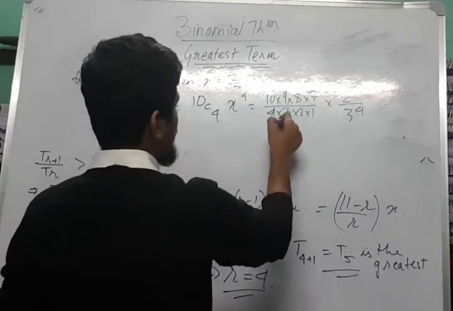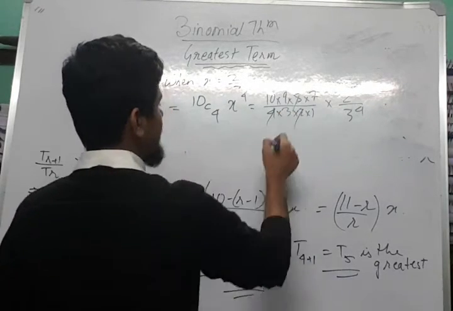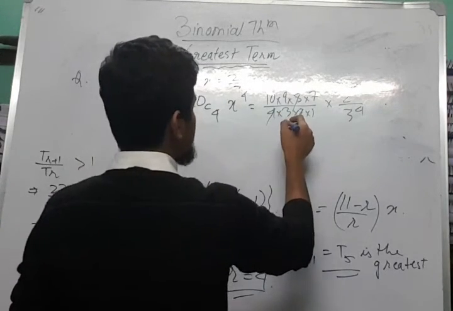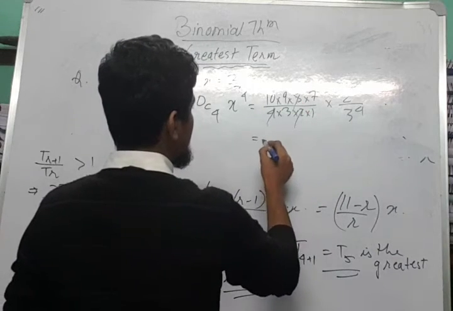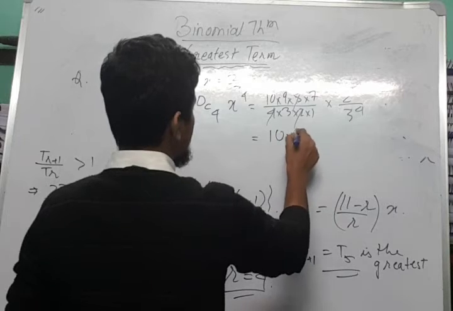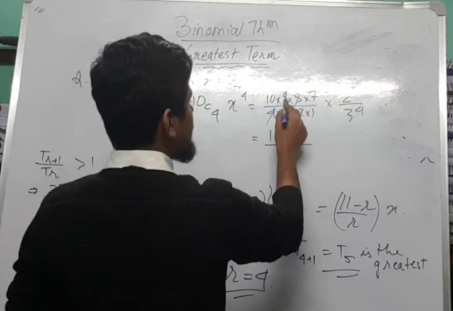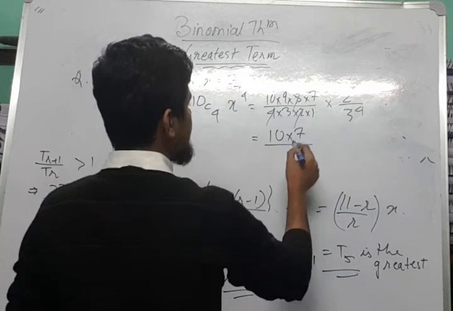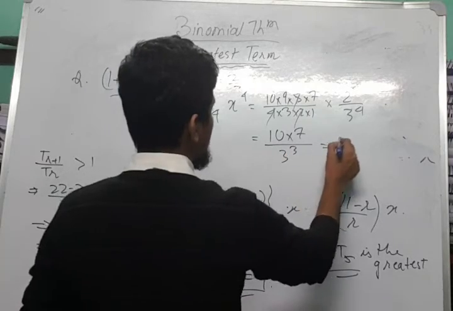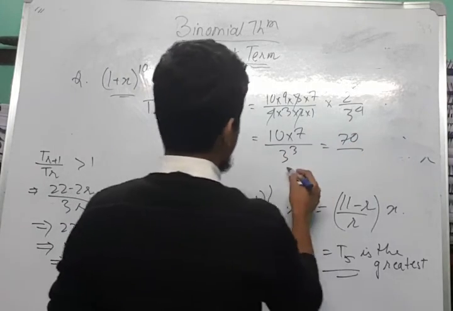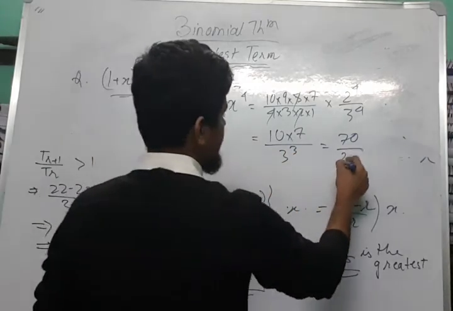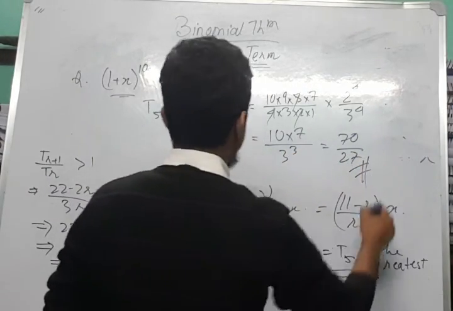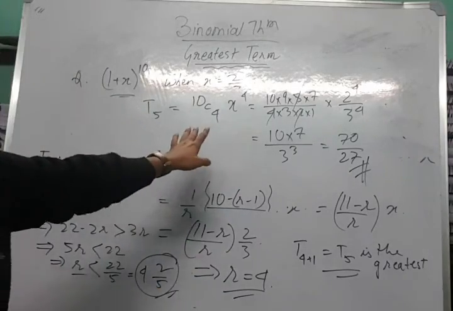If we cancel out 4 and 2, this will cancel out 8, and then we have 3^5 and 3^2. So this will be equal to 10 into 7 by 3^3, so we have 70/27. So 70/27 is the greatest term that we're looking for in this case.